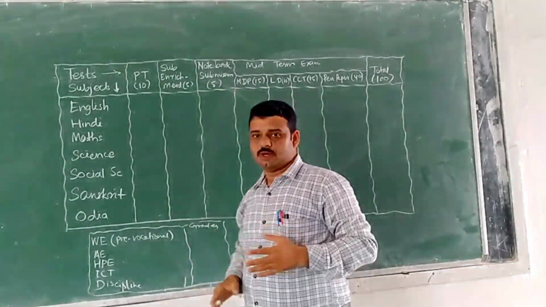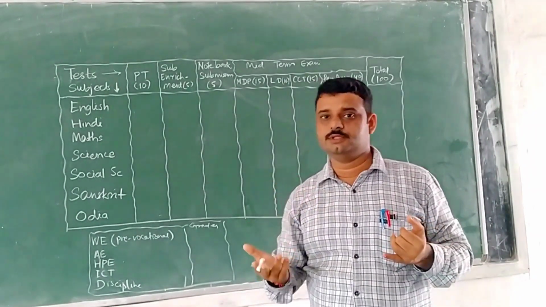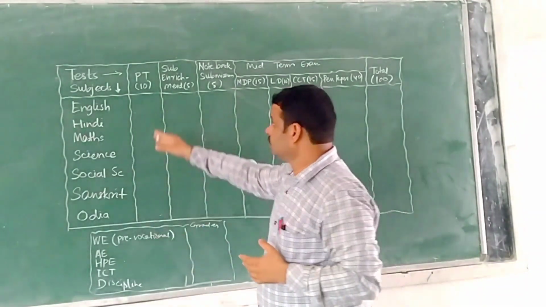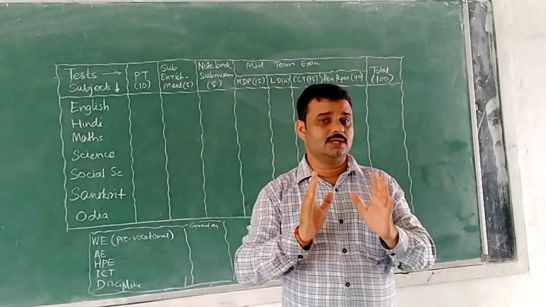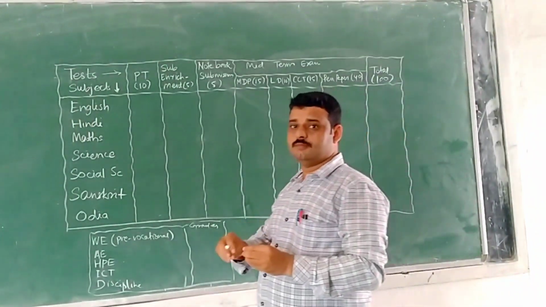PT1 is normally conducted in the month of August, in some schools in September. In our school it is already conducted in the month of July. The test was conducted for 40 marks, but 40 marks will not come here directly.